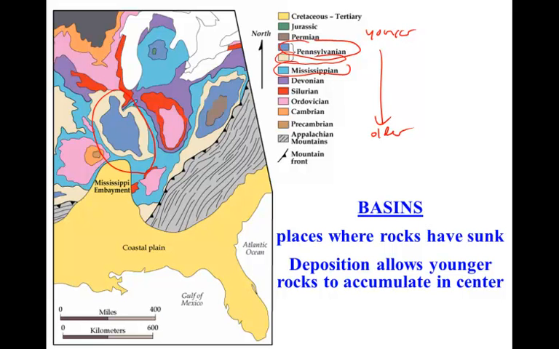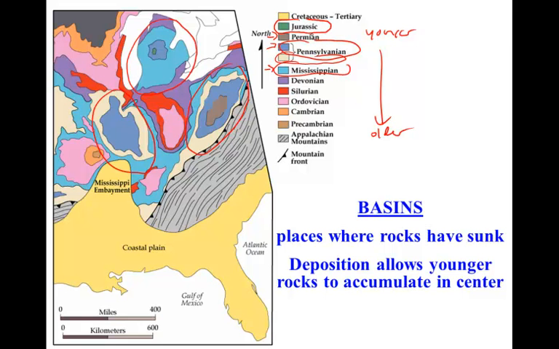Can you find any other basins in the map area? There's another one here. We have young Permian rock surrounded by progressively older Pennsylvanian and Mississippian rock. Finally, we have a basin here on the lower peninsula of Michigan, the Michigan Basin. The youngest rock in the structure is Jurassic in age.